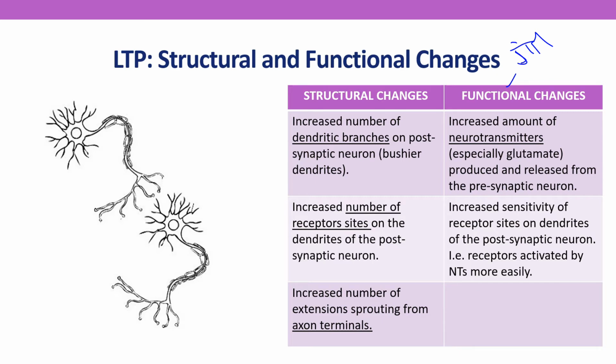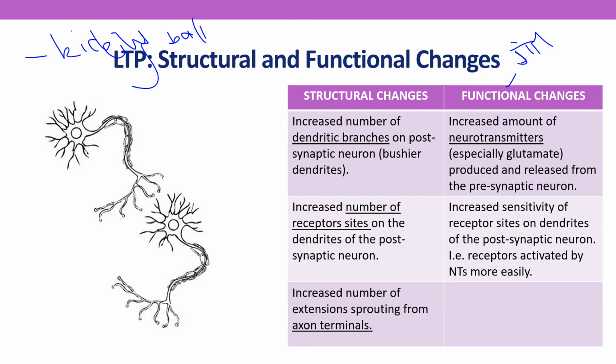So first off, what happens is you have a neural circuit, okay? Let's say that this is a neural circuit here, and I'm just going to use kicking a football. So you first learn to kick your ball, and you're stimulating this neural circuit over and over and over again.